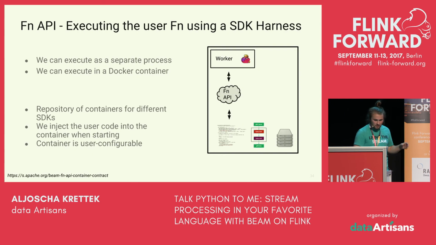So what we would have is a repository of containers for different SDKs in different languages. We inject the user code into this container, and then we start a container, and it can start the harness, connect to the runner via the RPC interfaces, and get started on computation.